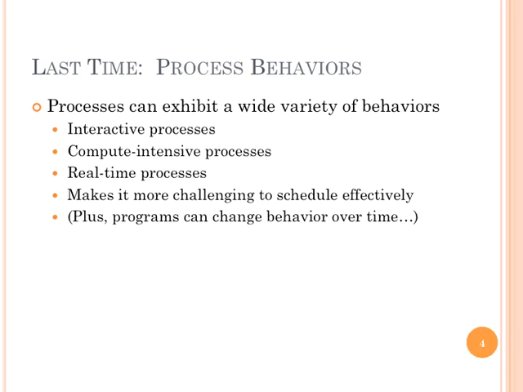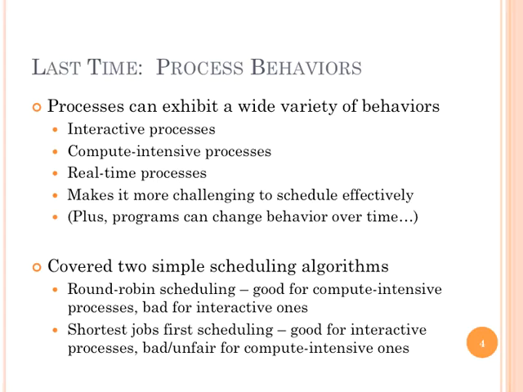So they want really long time slices on the CPU. And then we have real-time processes, which need very regular but small time slices on the processor. So we have all of these general kinds of behaviors. And we talked about round-robin scheduling and shortest jobs first. Round-robin was good for compute-intensive, really bad for interactive, and shortest jobs first was really good for interactive and bad for compute-intensive.